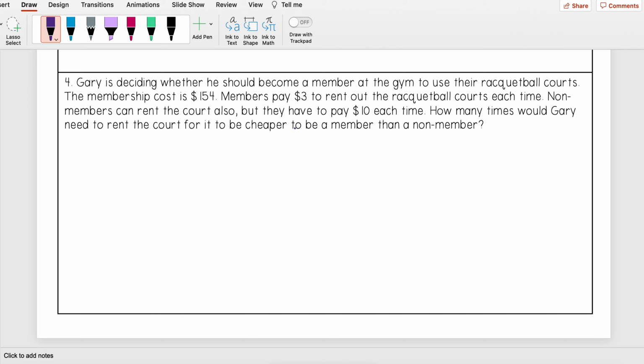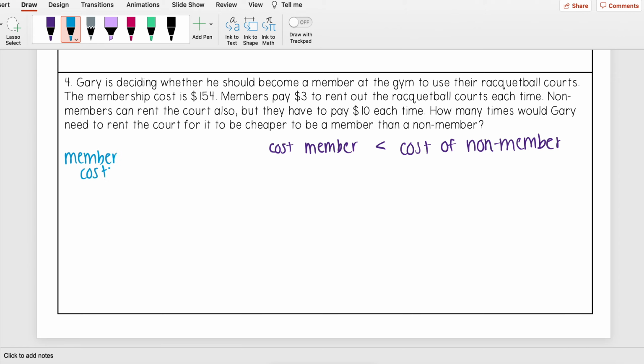Okay, so this one has a little bit more to it. So I'm looking to see when the cost of being a member is cheaper, or less than, the cost of a non-member. So I need to figure out how much it costs to be a member and how much it costs being a non-member to rent out the courts. Well, let's look at the member cost first.